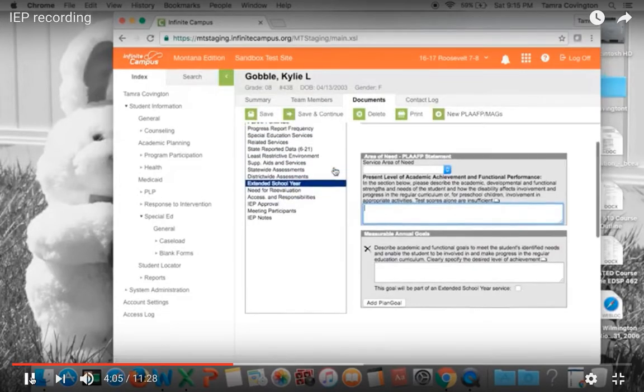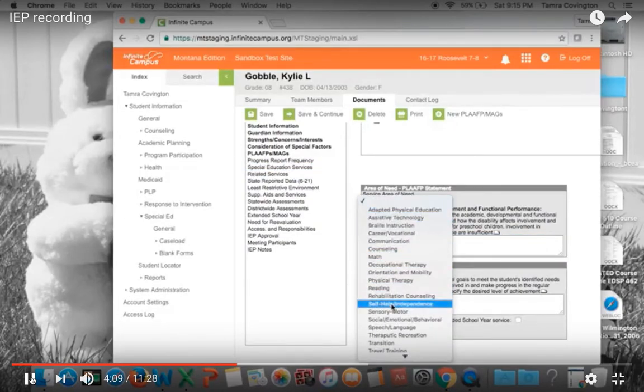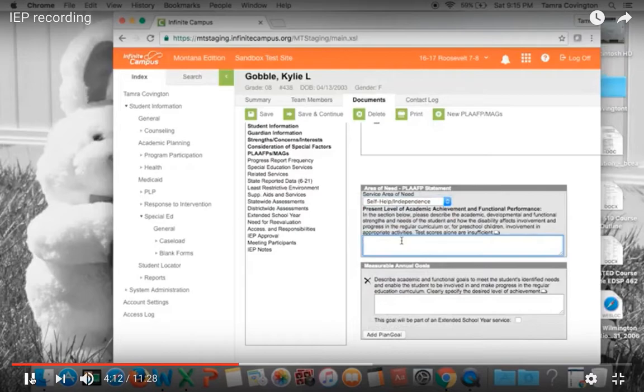So you go again to new PLAF for another service area that was identified in the evaluation report. And again, you do the same thing, provide quantitative data along with qualitative data and identify goals that you need to write.